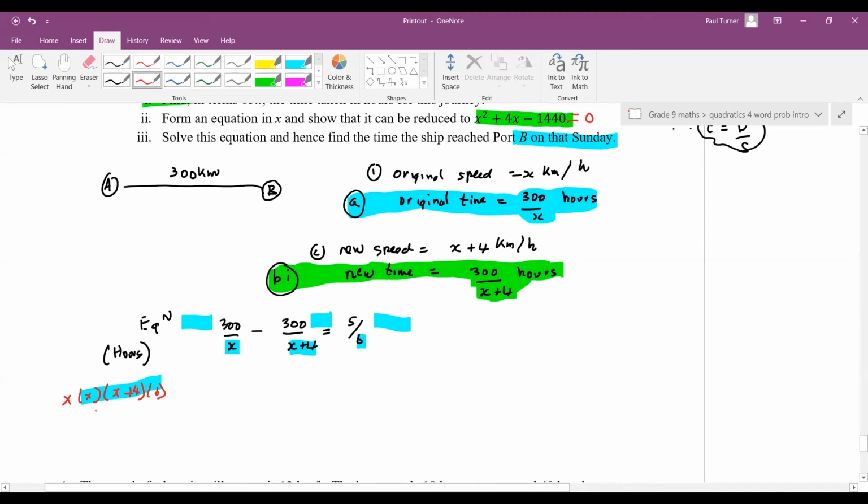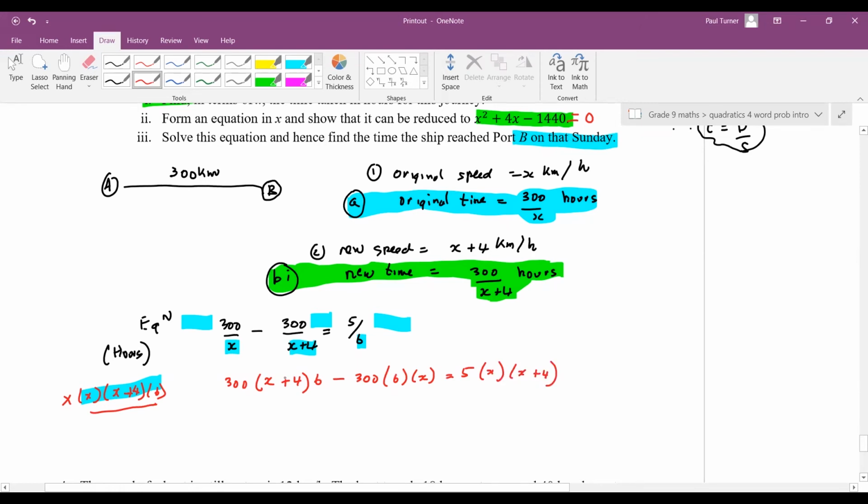So if we're multiplying by this, the X would cancel out. You'll get 300, X plus 4 and 6, minus 300. The X plus 4 would cancel. You would have 6X. There. If you multiply here, the 6 will cancel. So you have 5X, X plus 4 here.